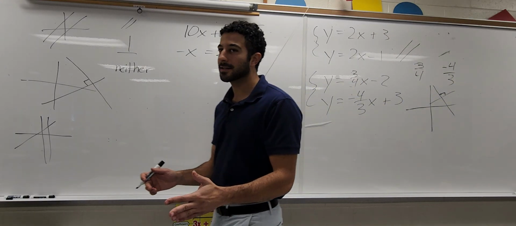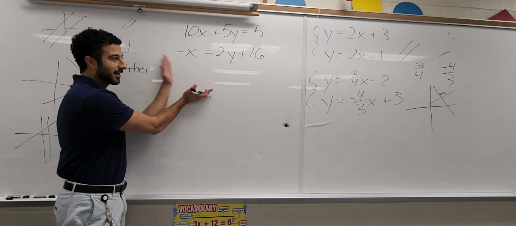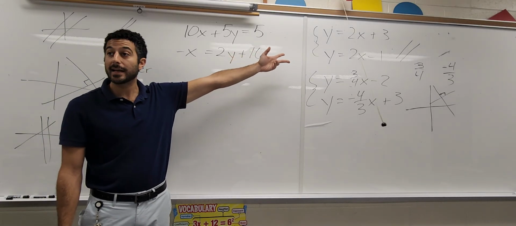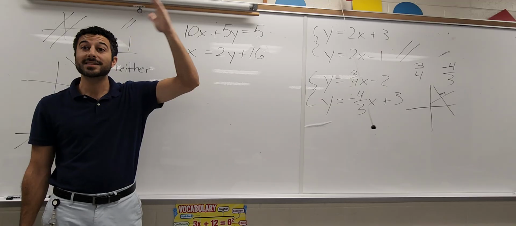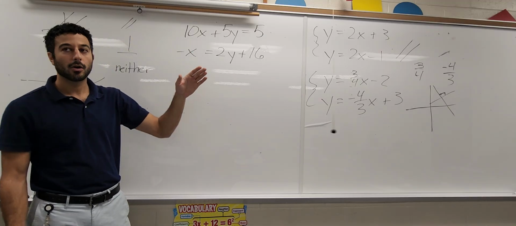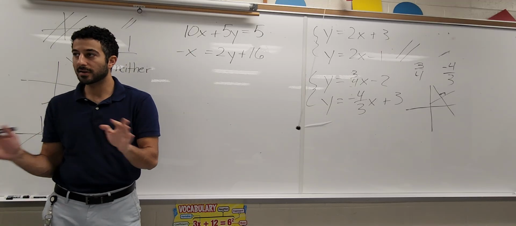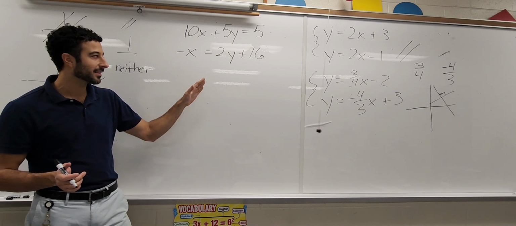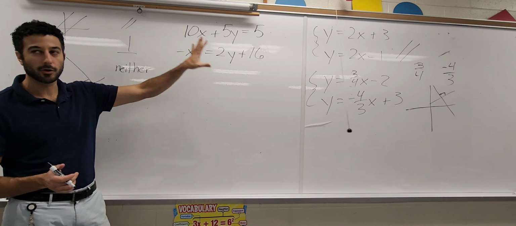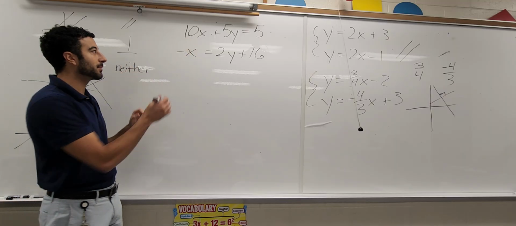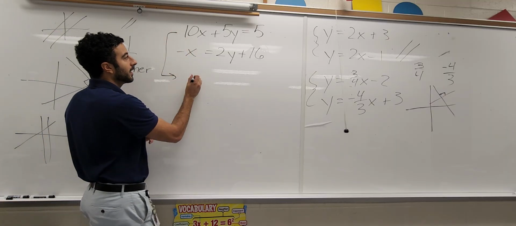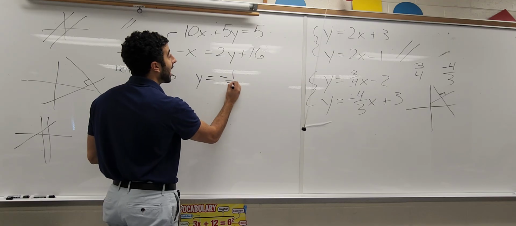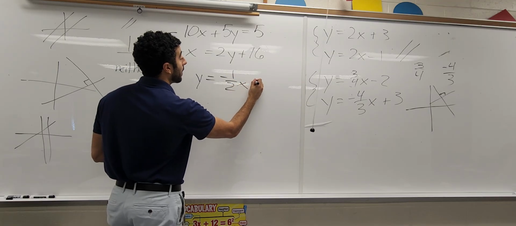So now let's take it back to the problem at hand. How do I know if it's not in slope-intercept form? I probably want to get it into that format so I can observe and see if the slopes are the same, negative reciprocals, or neither. Do you guys feel like you have enough information to get there? I just have to switch these into slope-intercept form. This top equation, I'm just going to shortcut it for you, is y equals negative 1/2 x plus 1.